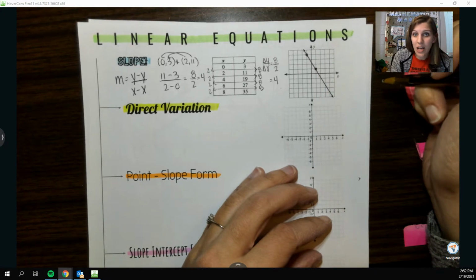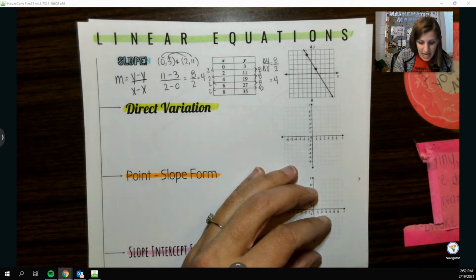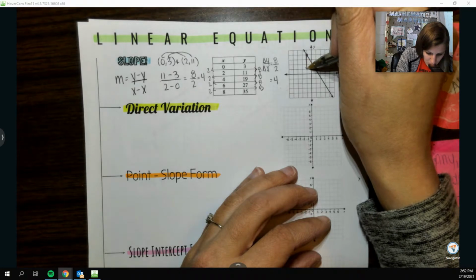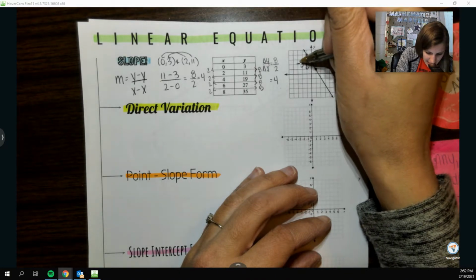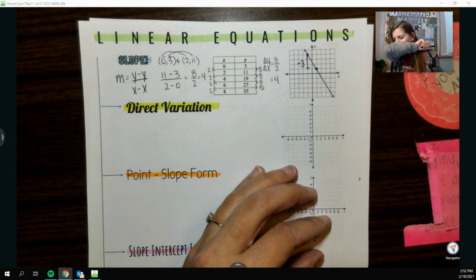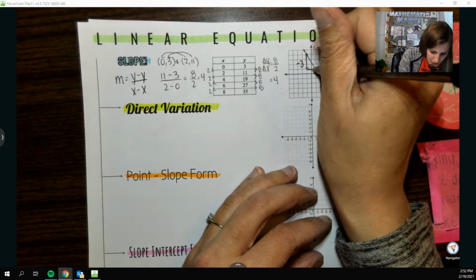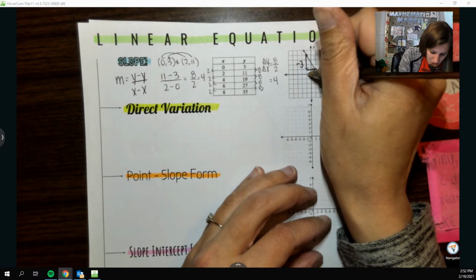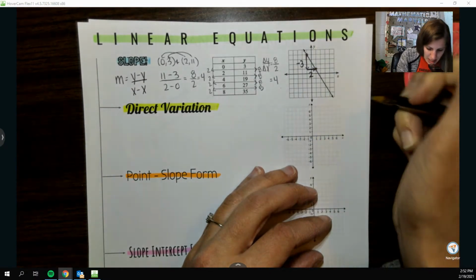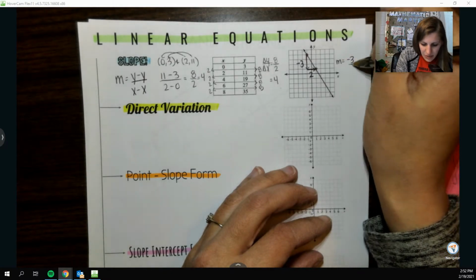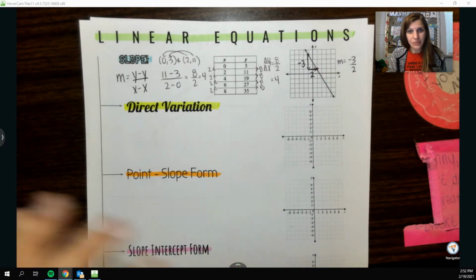And so if I count how much I need to go up or down, I actually need to go down 1, 2, 3 squares, and down is negative. And then I need to run forward 2 squares, and forward is positive. So this slope here is negative 3 over 2.